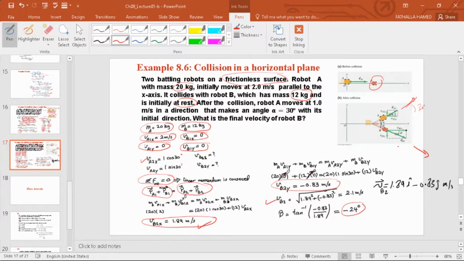Now, if you want to do it relative to the positive x-axis, as we did in chapter 1, you know that you have to add 360 degrees, and that will give you 336 degrees relative to the positive x-axis. But you can say that beta here is equal to 24 degrees if you just want to state what's in the figure, and that's enough. Is this clear? Any question on this?